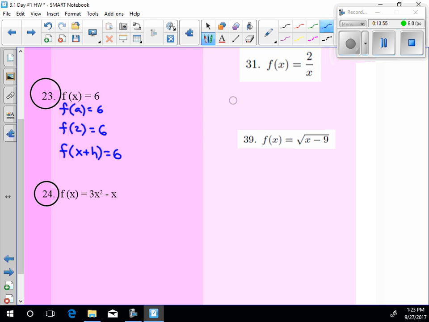This input, this value right here, and this value, they're all supposed to go in for x. There's no x. So this graph is a horizontal line at y equals 6. What's the slope of that line? Slope of that line is 0.